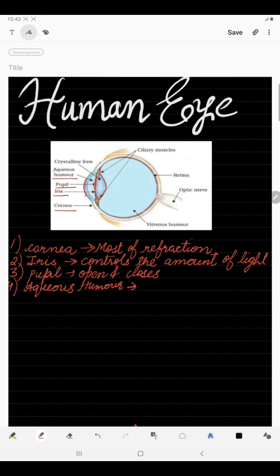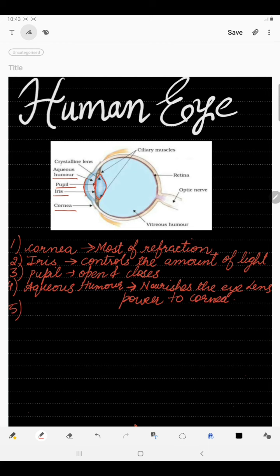And the main function of aqueous humor is to provide nutrients to the eye lens and the cornea. Actually, it nourishes the eye lens, or it provides power to the cornea.